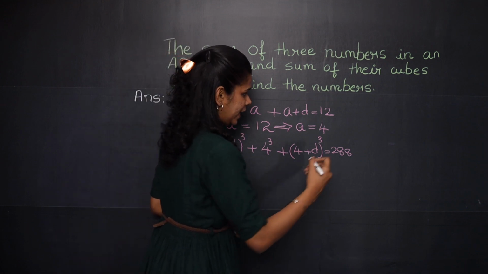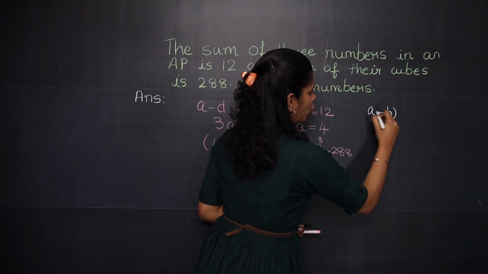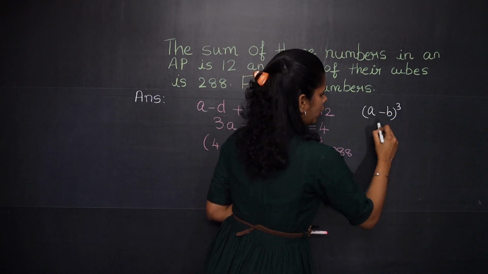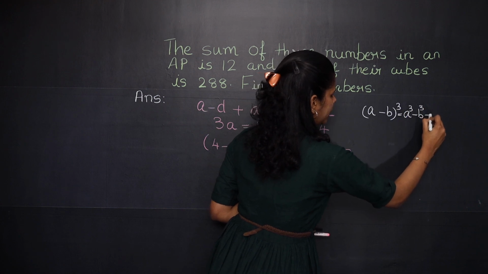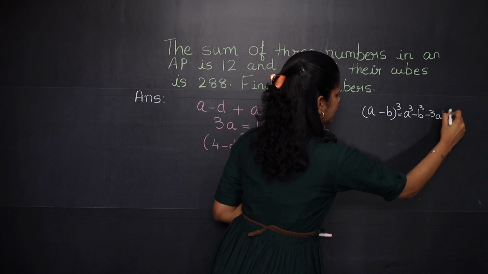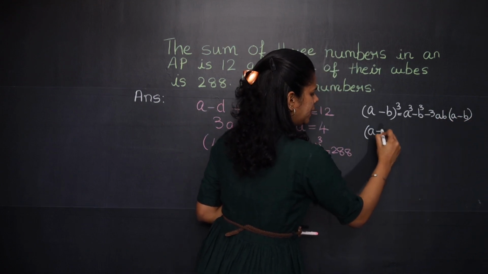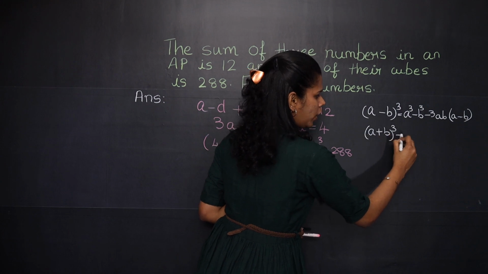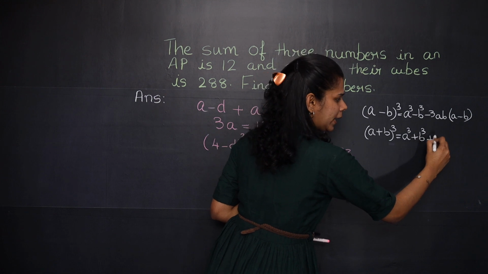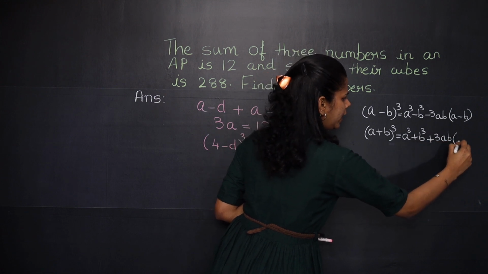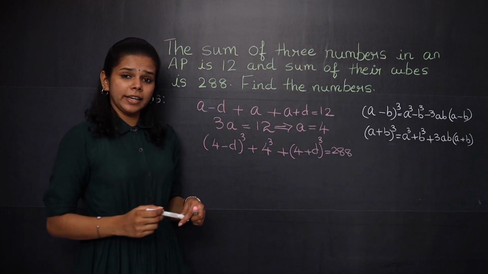Let's revise that here. a minus b the whole cube is equal to a cube minus b cube minus 3ab into a minus b. a plus b the whole cube is equal to a cube plus b cube plus 3ab into a plus b.